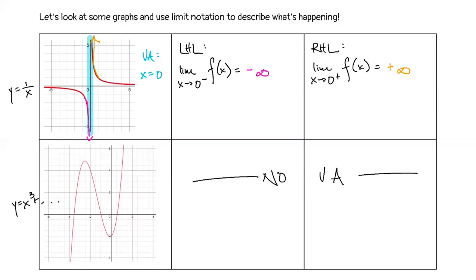I agree the function overall is odd, but the numerator is 1. What's the degree of 1? Okay, so the degree of 1 is actually 0, because it's really x to the 0, okay? So it's not the power of the number, it's the power of the variable, okay? So the power of the top is 0.